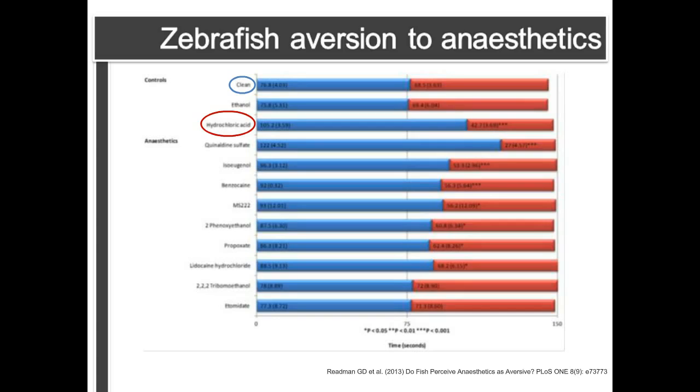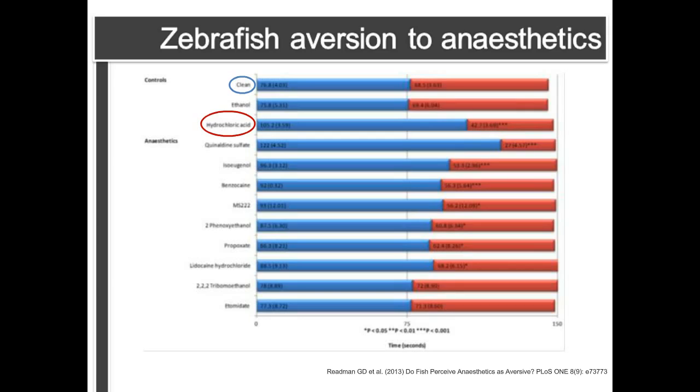But when hydrochloric acid was added to one of the sides, the red one, you can see here that the fish spent most of the time in the clean water, that is the white, the blue bar.